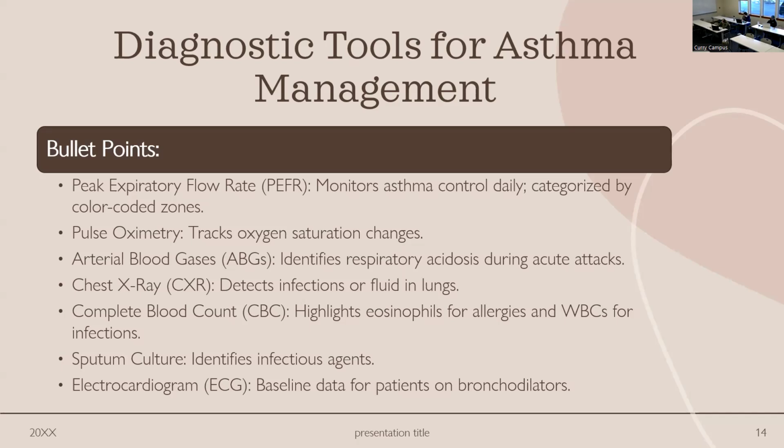CBC, complete blood count: usually eosinophils, one of the white blood cells, are elevated or present. Sputum culture identifies infectious agents. And the ECG or EKG provides baseline cardiac data. Oh, that one's blank. Any questions on that one?